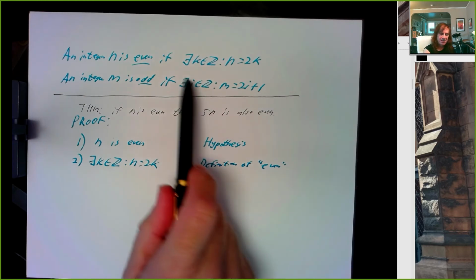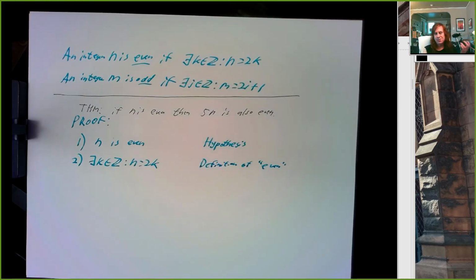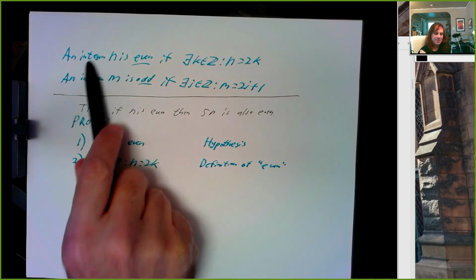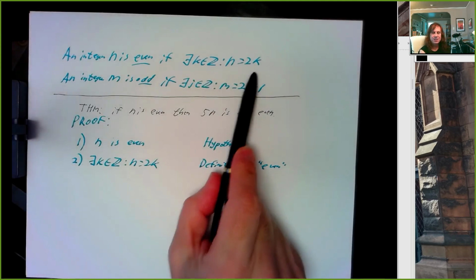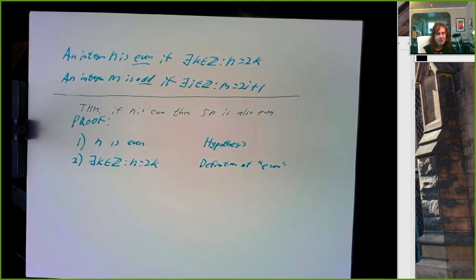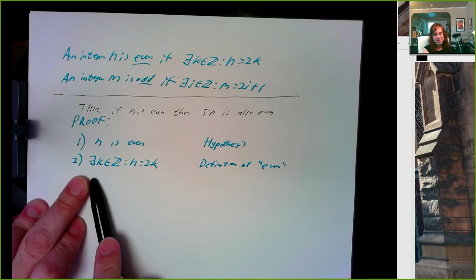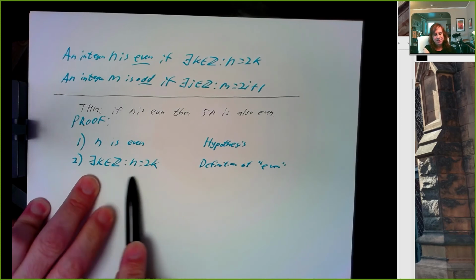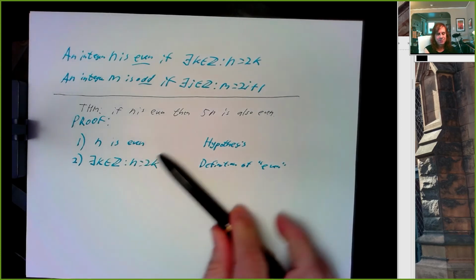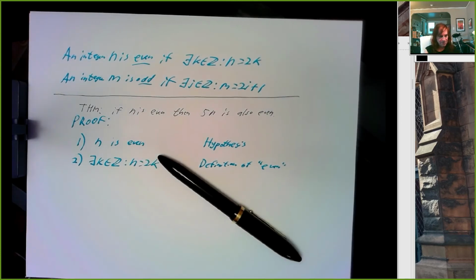Now I used a k up here in the definition. If I wanted to use j or w or elephant or something else, I can put a different variable in here. Right? This definition of even is that there is an integer such that n equals twice that integer. If you're already using k for something else in your proof, I would write my definition, there exists an i in the integers such that n equals 2 times i.